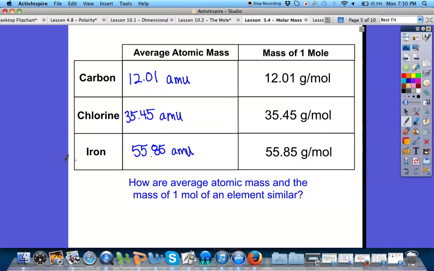Well, here is the mass of 1 mole. 12.01 grams per mole for carbon, 35.45 grams per mole for chlorine, and for iron, 55.85. So how are average atomic mass and the mass of 1 mole of an element similar? Well, they have the same number, but different units.